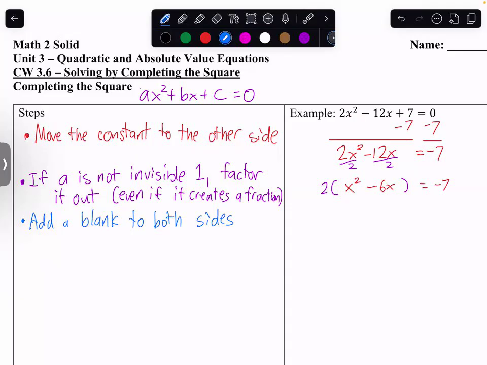You need to complete it. You need to add in a certain value in order to form a square. That's what the blank will represent. On the left side, the blank goes inside parentheses. On the right side, it can just go at the end.